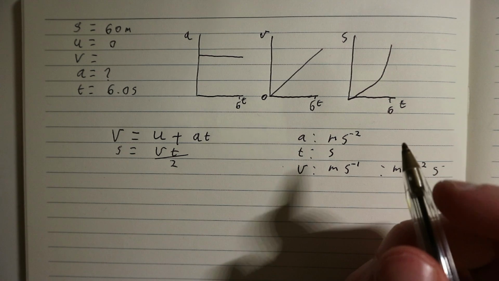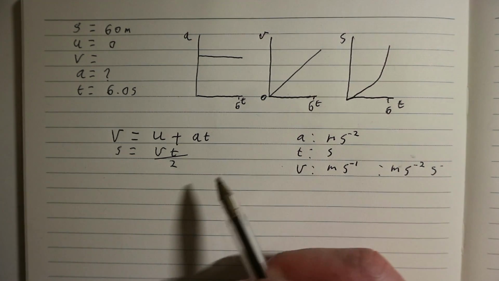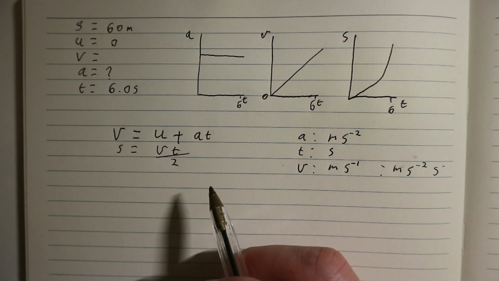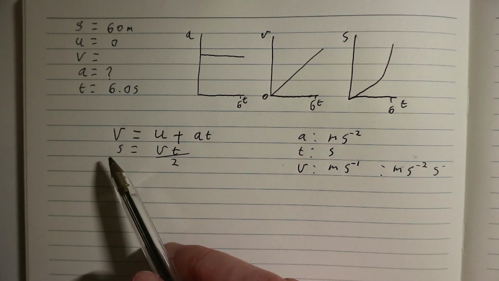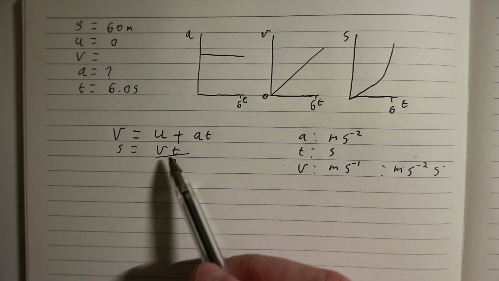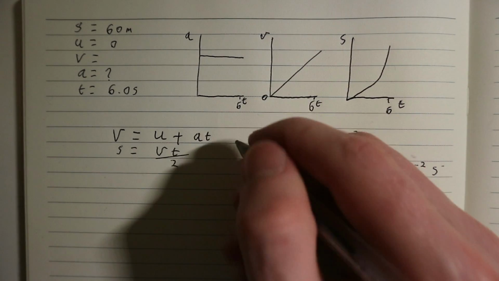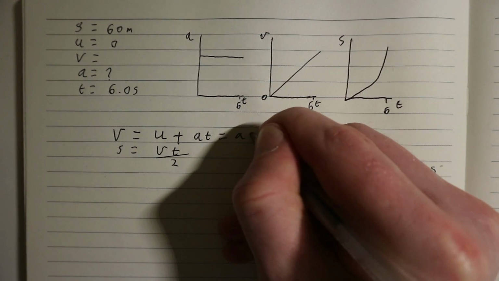Now that we have these two equations, we can relate all 3 things that we need: displacement, time, initial velocity. Initial velocity is 0, so I can simplify this down to V equals AT.